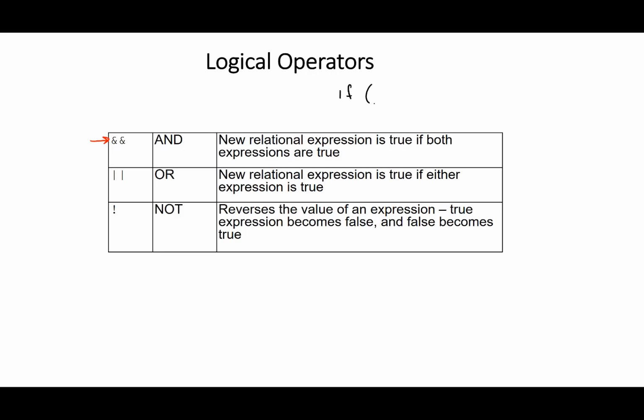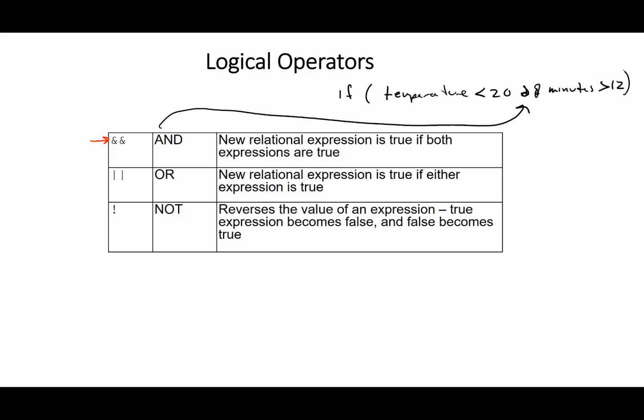Let's say that we have a condition where we need two things to be true for the if statement to be true. So what we can do is, let's say that we want the temperature to be less than 20 and minutes greater than 12. So we could say, if temperature is less than 20 and minutes greater than 12.